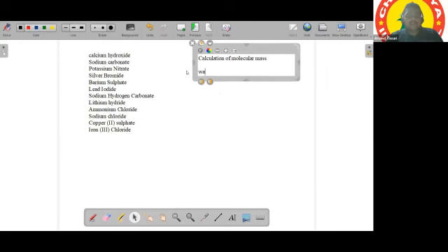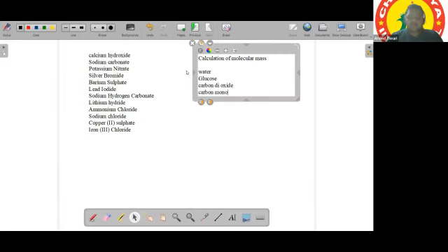You have to make the formula also and then write down the mass for water, glucose, carbon dioxide, carbon monoxide, then there is another one, sodium carbonate decahydrate.